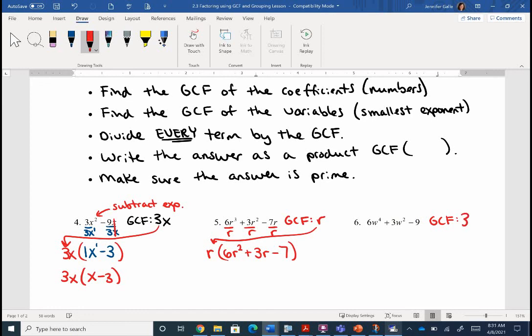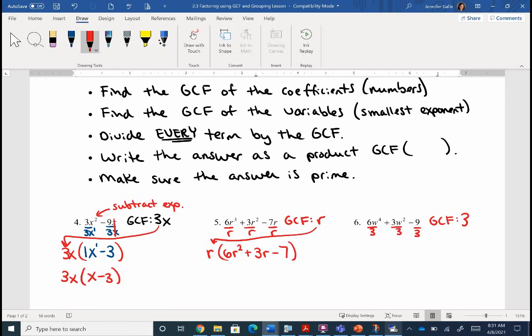Step 2 says look at the variables. I've got a w to the 4th, a w squared, and I don't have any w's. So is w common to all 3? No. So can I put w as part of my GCF? No. So now this one, all I can do is divide everything by 3.